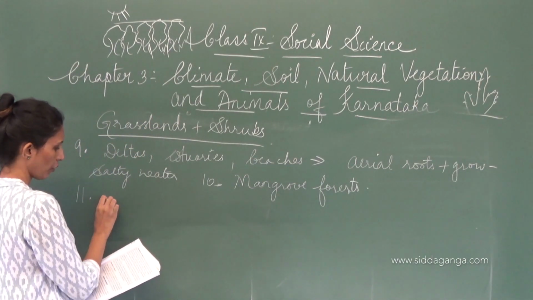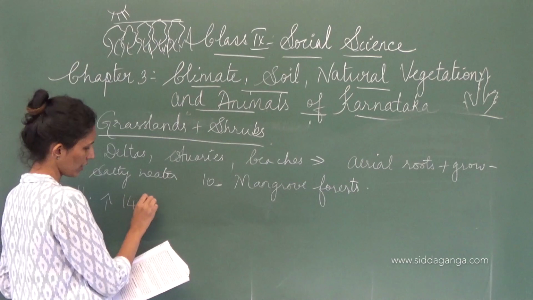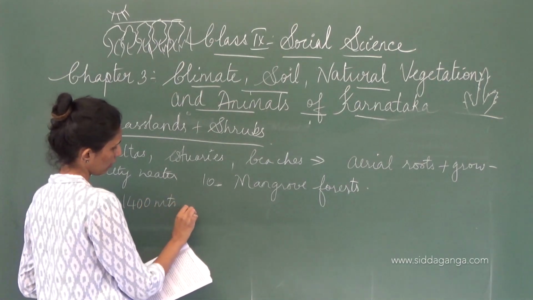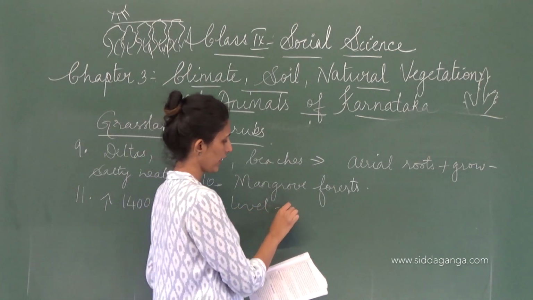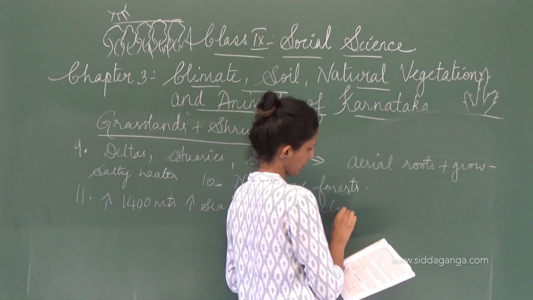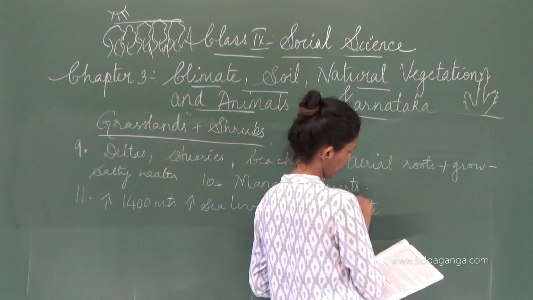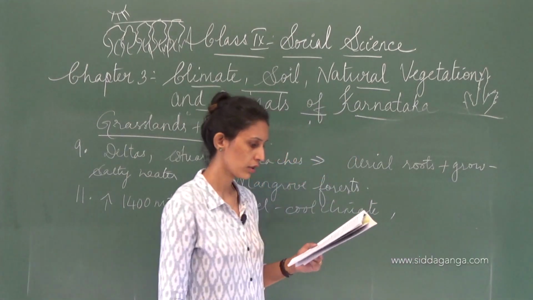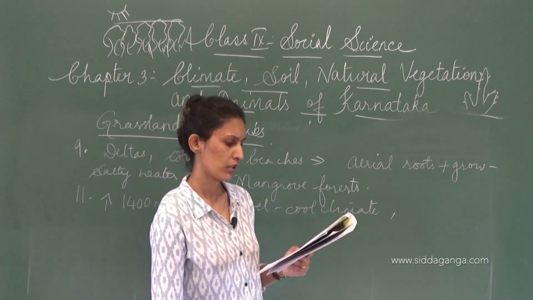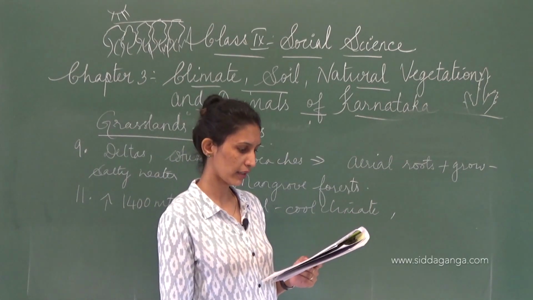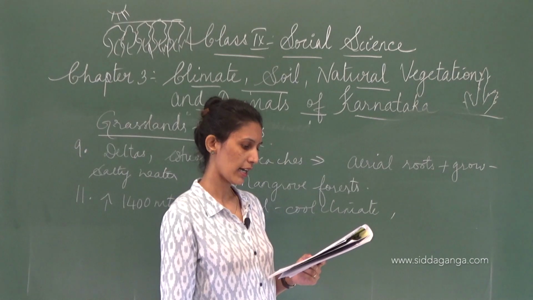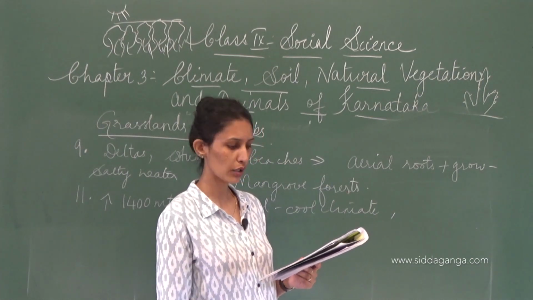Areas which are more than 1400 meters above sea level have a cool climate, a pleasant atmosphere, like Kudremukh, Baba Budangiri, Biligirirangana Betta and Brahmagiri in Kodagu.